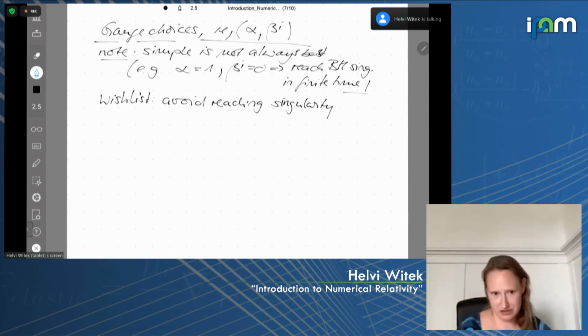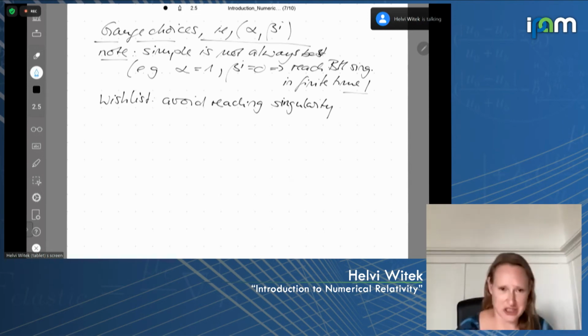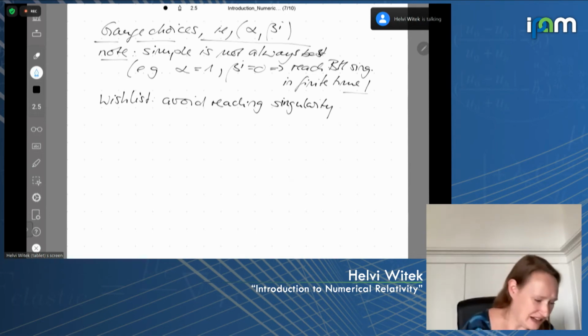But just for completeness, what I'm going to tell you here today is really just a taster. It's not the only thing you can do. It's just the one that we tend to use in the Einstein Toolkit, and a large part of the numerical relativity community is using. So, wish list: I want to avoid the singularity one way or another.